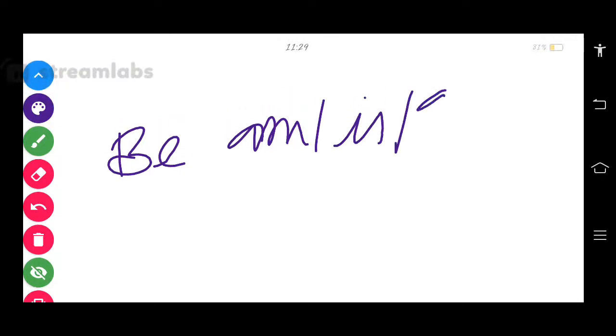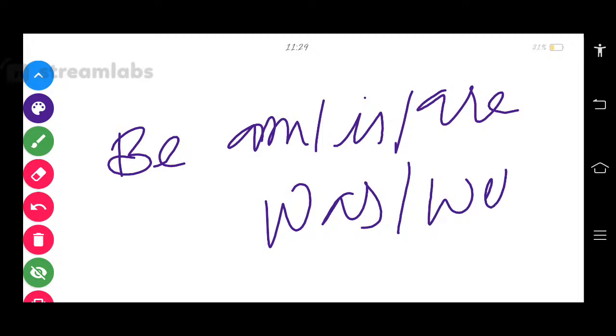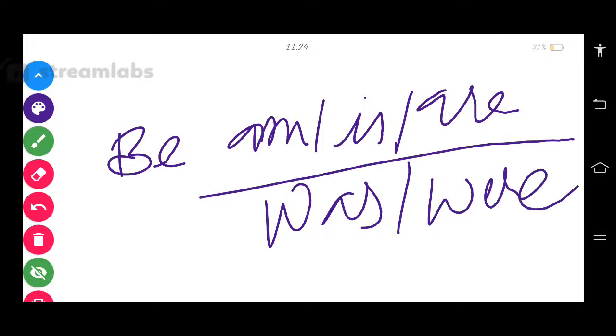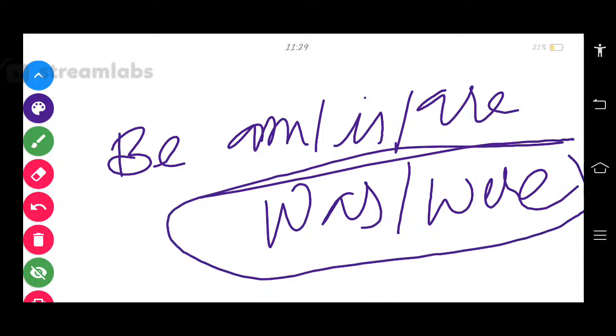In the English language, be forms means am, is, are, was and were. Am, is, are are the present be forms, and was or were are the past be forms. If the sentence is in the sense of past time, we have to use past be forms.